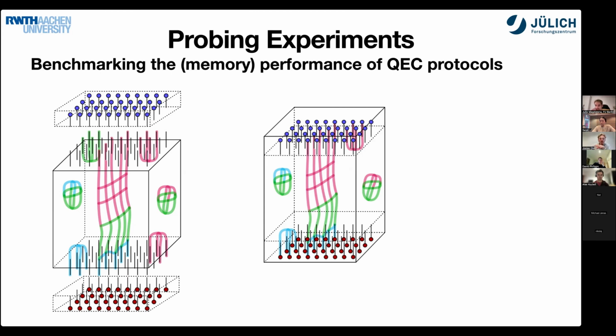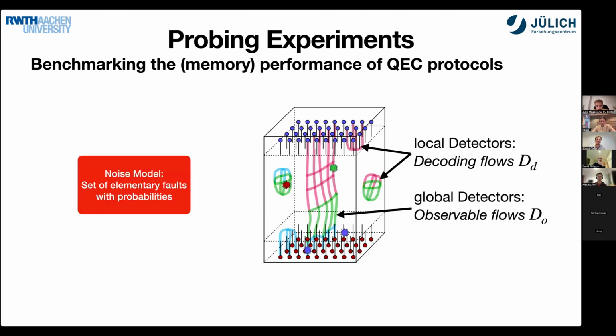However, because these flows come from logical and stabilizer flows, there's a natural distinction in different flows, which we then use for the actual benchmarking. So if we put some noise model in our circuit, we typically declare local detectors to be decoding flows.